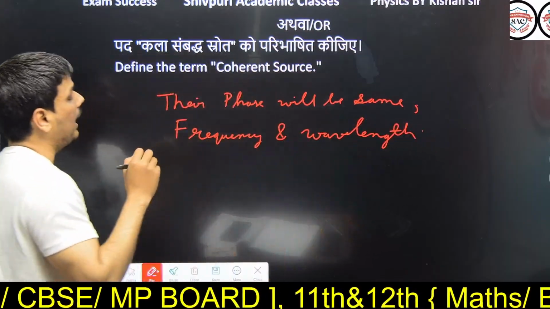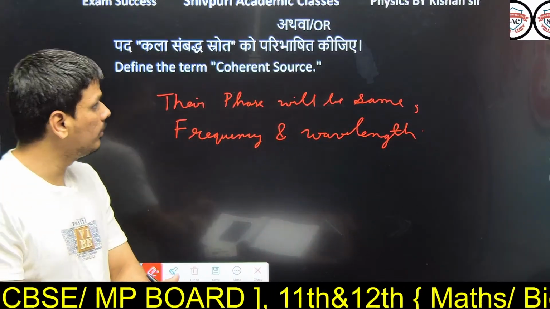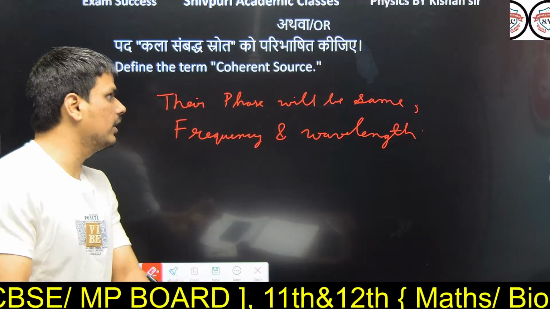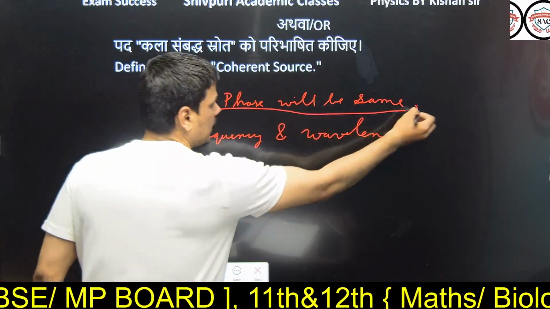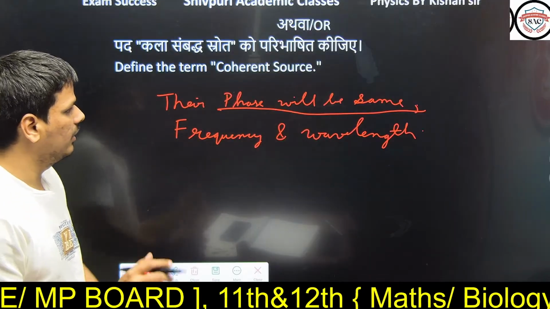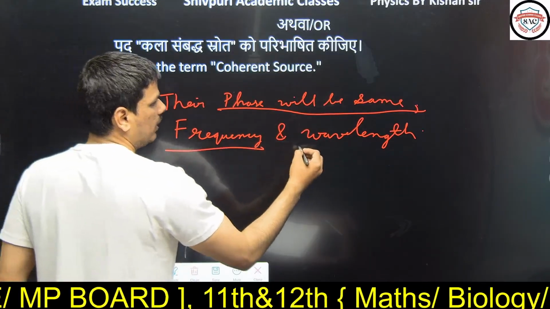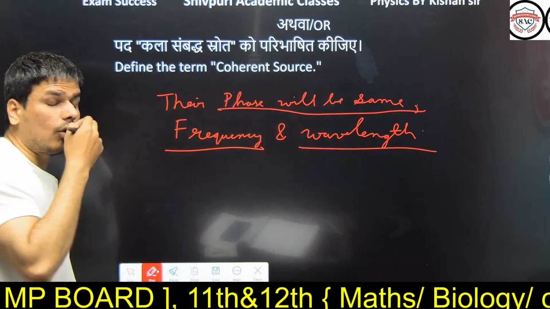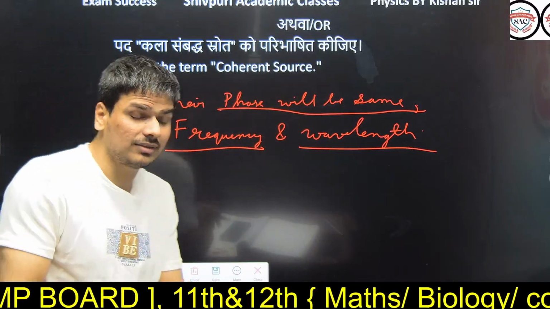So any two sources could be called coherent when their phase is the same. There should be no phase difference between them, their frequency and wavelength should be the same, and they also have to propagate in the same direction.